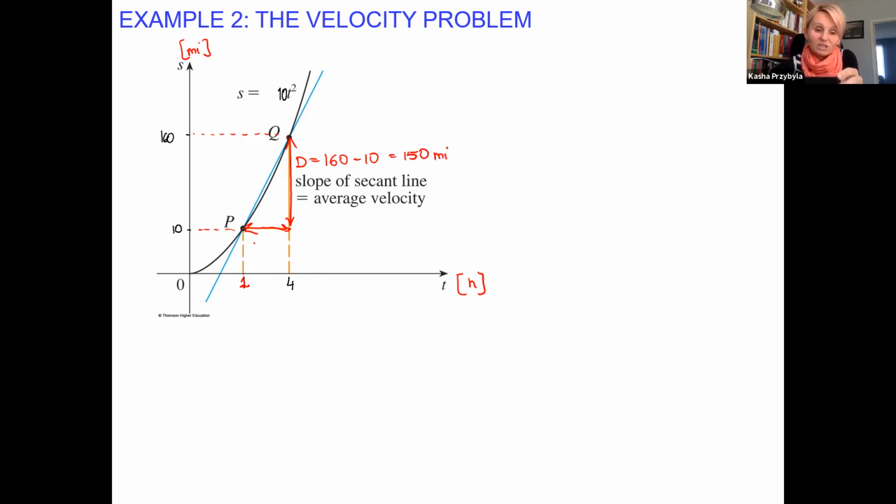And how many hours between 1 and 4? Yes, the time interval, of course, is 3 hours. So 150 miles over 3 hours, it's nice, 50 miles per hour. Yes, thank you for your answers.